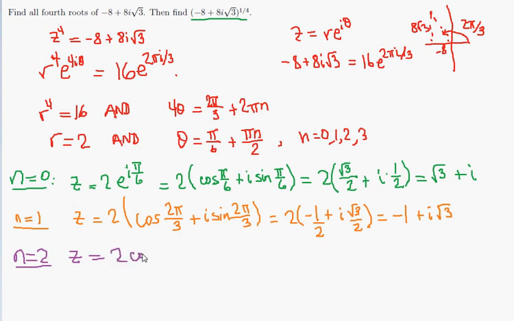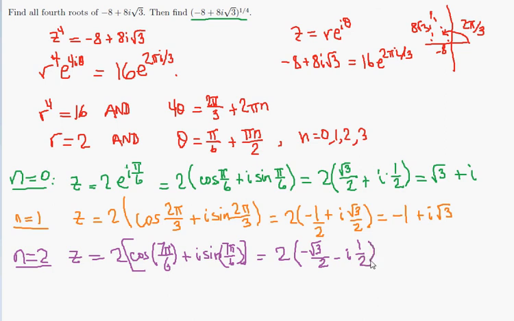So 2 times the cosine of 7 pi over 6 plus i sine 7 pi over 6. And this works out to be 2 times negative square root of 3 over 2 minus i times a half, which is negative square root of 3 minus i.